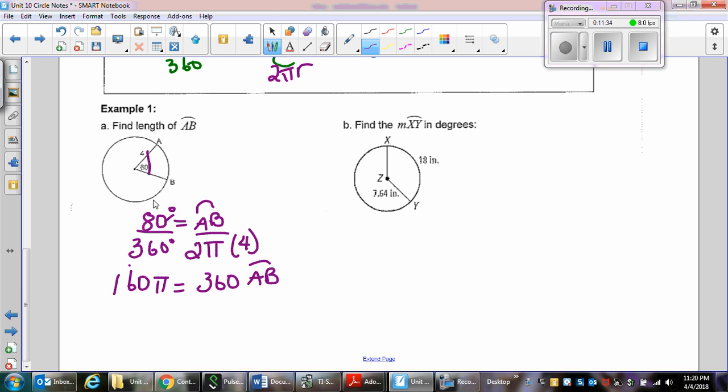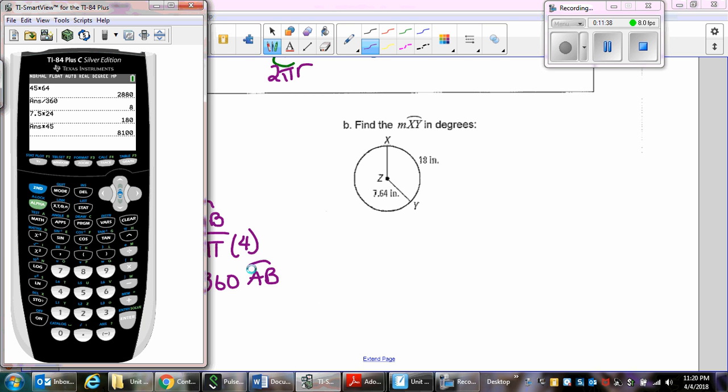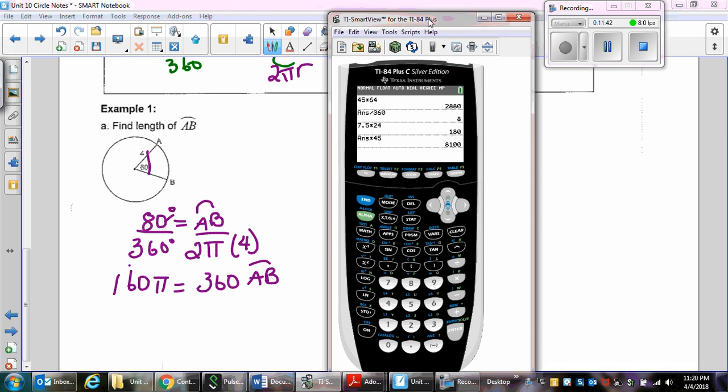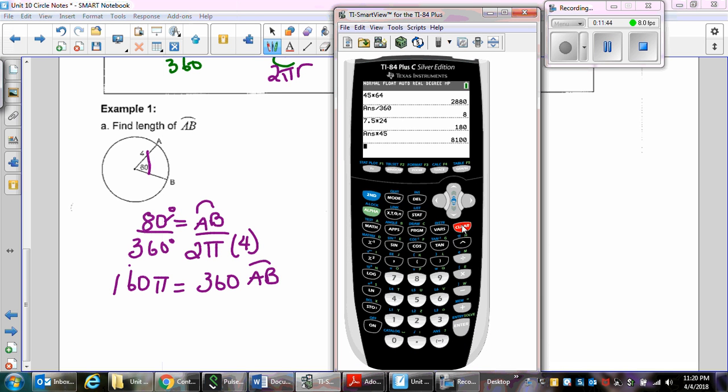I just want to make sure my calculation for the numbers is correct. So let's put it on this side so that you can see both. Let's clear it up. I'm multiplying 2 times 4 times 80.